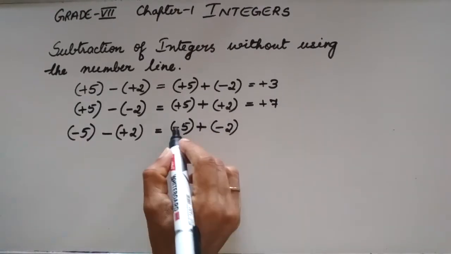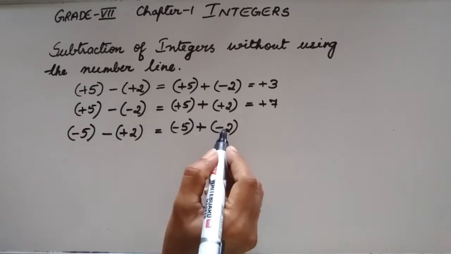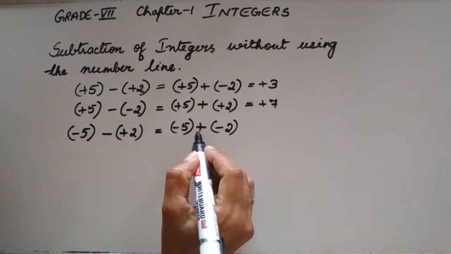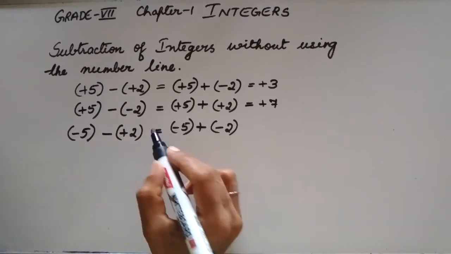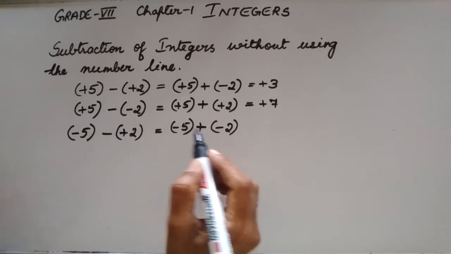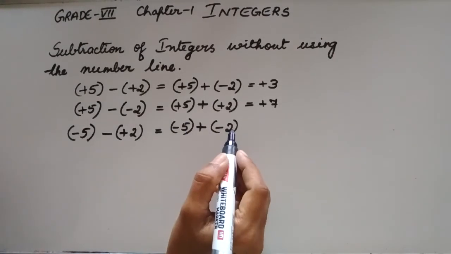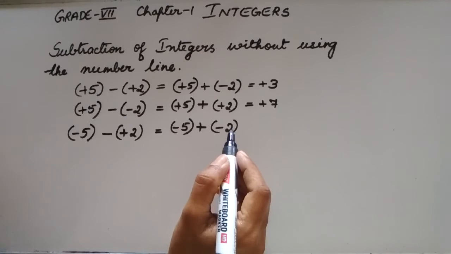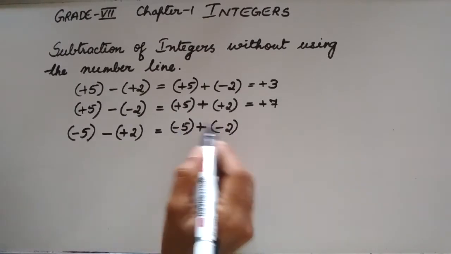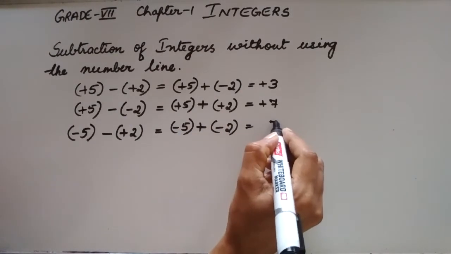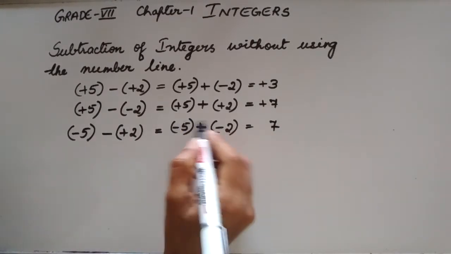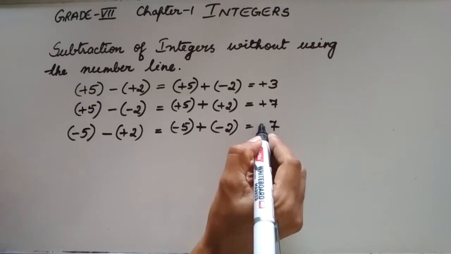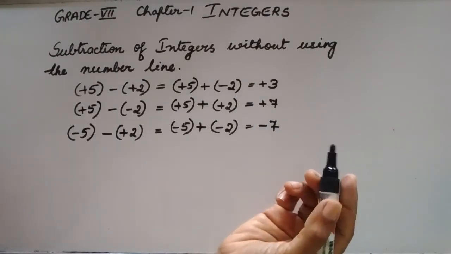So here I've got 2 negative integers to be added, isn't it, students? Yes. So here, when 2 negative integers are added, we take their sum, isn't it? What is the sum? It is 7, and place the same sign. What is the sign of both the integers? It is minus. So it is minus 7.